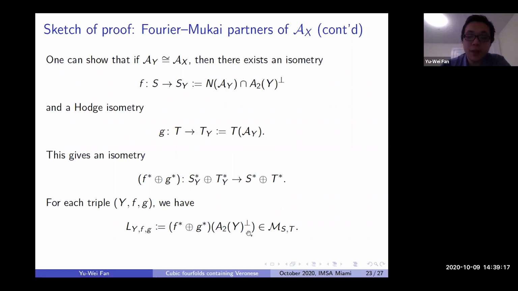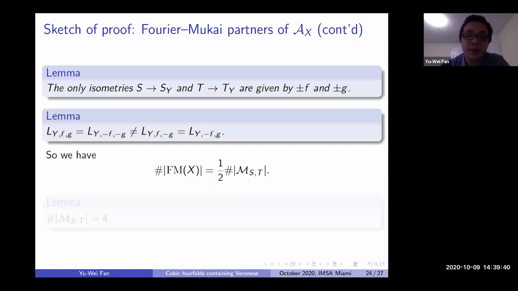If there were 2 Fourier-Mukai partners Y and Y prime that give the same elements in MST, that would imply that A2Y perp and A2Y prime perp are isometric. Then by the Torelli theorem, Y and Y prime are isomorphic. So this 2-to-1 assignment cannot overlap.